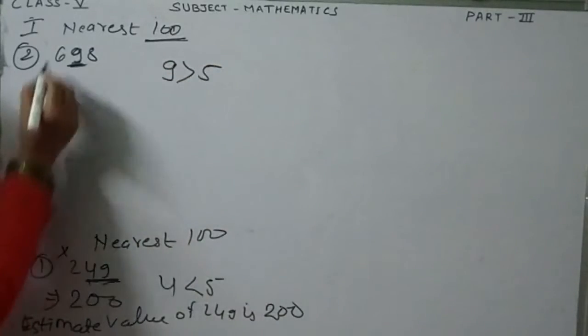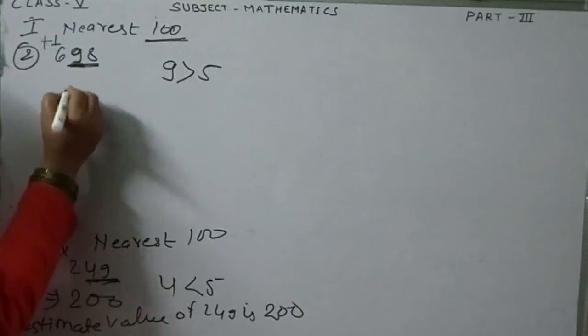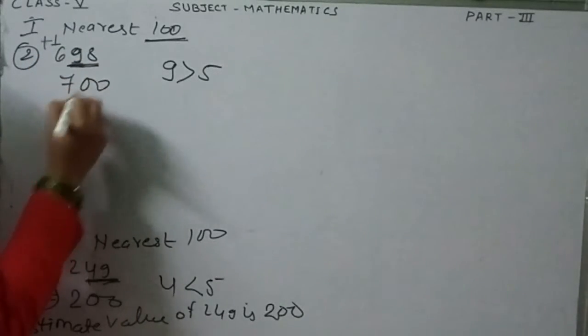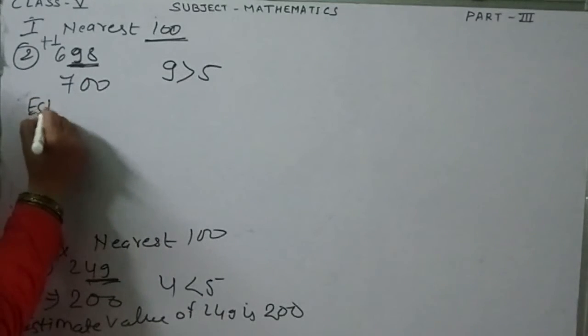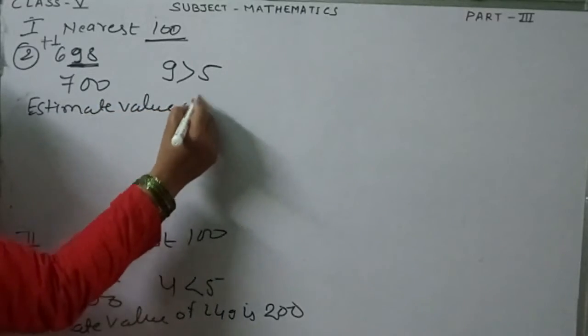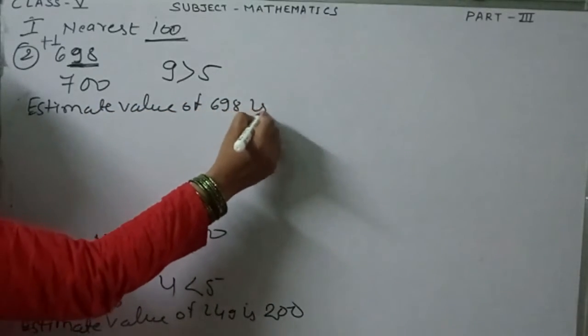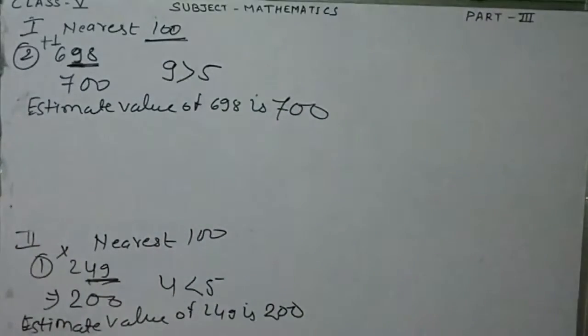So what do we have to do? We have to add 1 here, and the rest will be 00. That means 700. So the estimate value of 698 is 700. Okay. I hope you can easily understand these things.